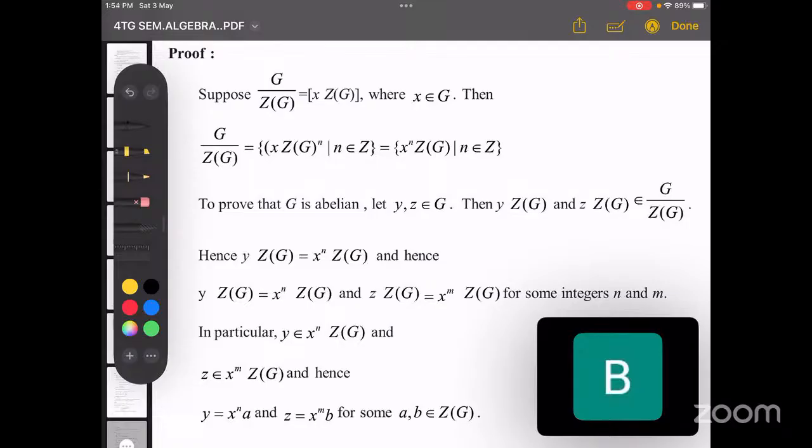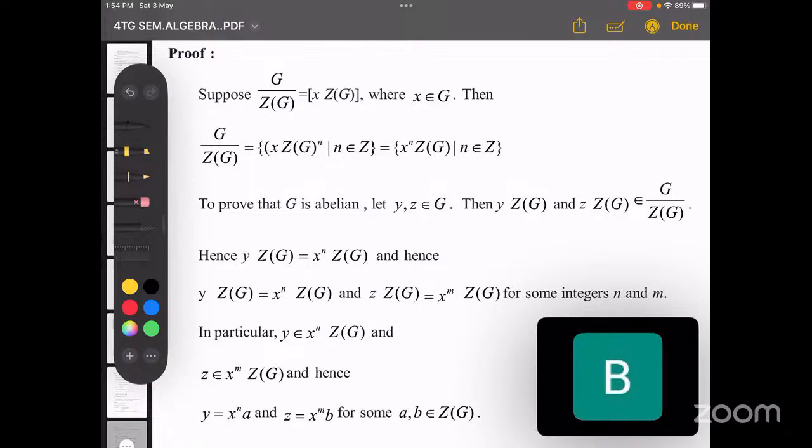These two belong to G/Z(G). So yZ(G) is equal to x^n Z(G).